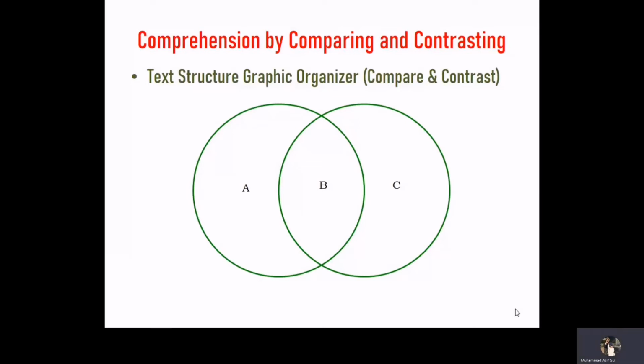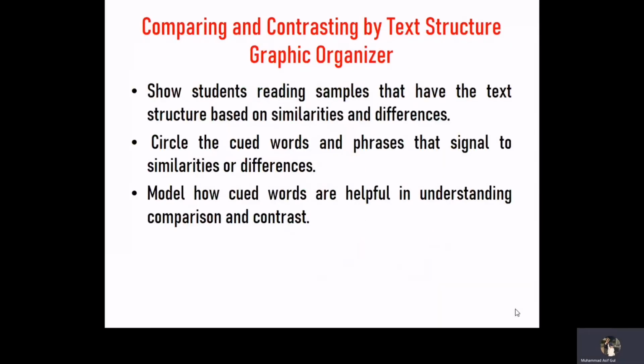We will first show students reading samples. It might be a paragraph, it might be a sentence that has the text structure based on comparing and contrasting, based on similarities and differences. And then we will ask students to circle or underline or highlight the cued words and phrases, the words and phrases that signal similarities or differences.